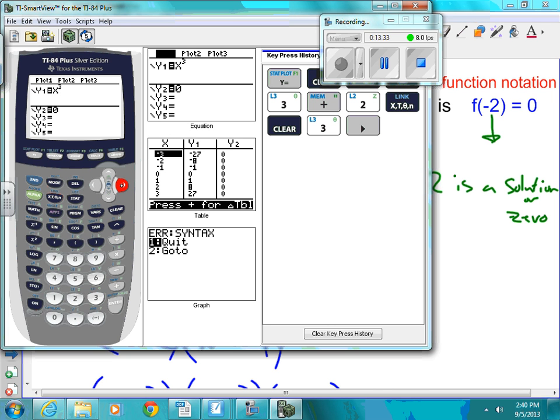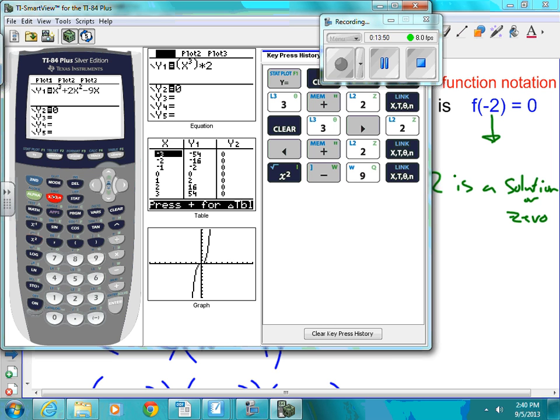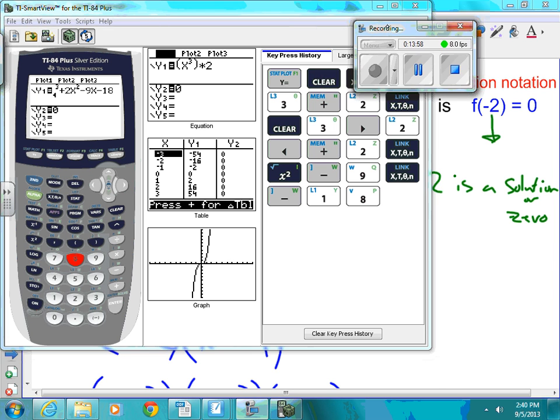Remember to hit right arrow to get out of the exponent, otherwise it puts everything in superscript. Then y2 equals 0. That helps you find the zeros more easily.